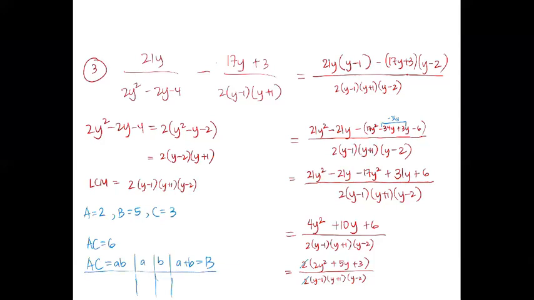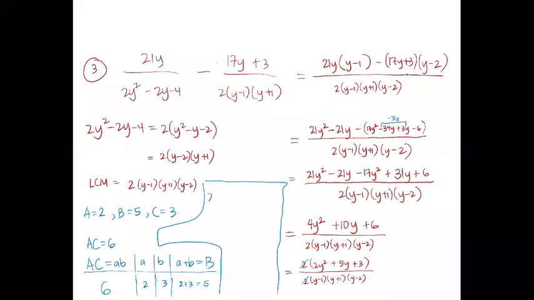In here you have 6 for capital AC, and let's just get a equal to 2, b equal to 3, and you see that if you add them, you get 5, and that's our capital B. Which means this expression here, so let me squeeze that here on this part, you have 2y squared plus the 5y, which we decompose into 2y plus 3y, and then plus 3.